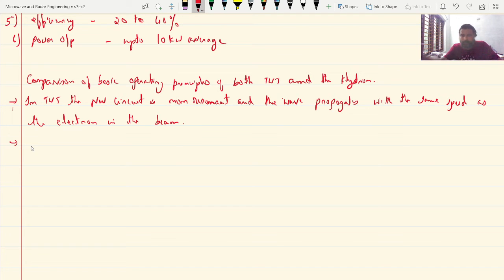So, as I told you, in the traveling wave tube, the microwave circuit is non-resonant and the wave propagates with the same speed as the electron in the beam. Okay.